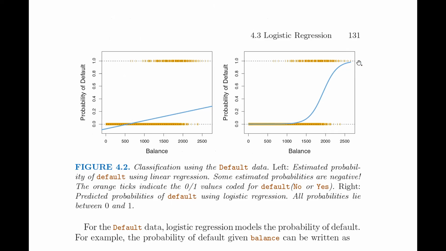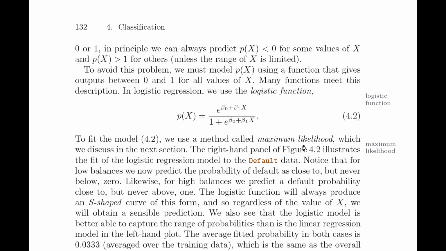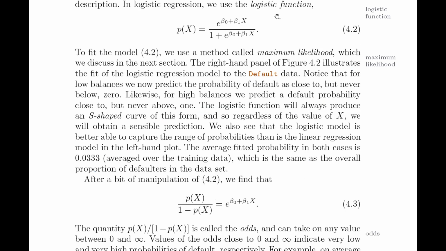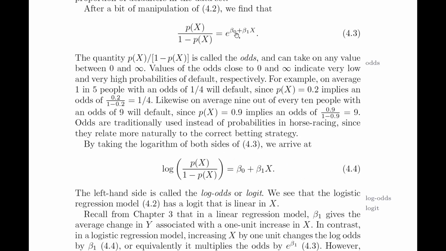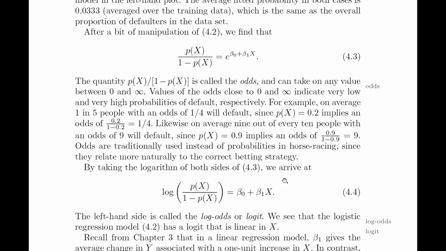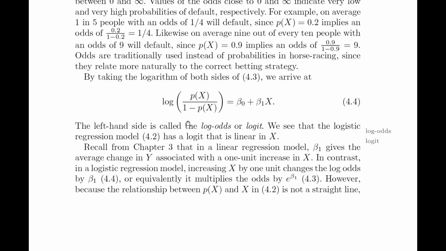It is consistent with the convention of probabilities where we cannot have a probability outside this interval. And with a bit of algebra, I guess it's going to be useful at some point, we create the log odds. We create the log odds for the simple reason that we now have a linear relationship.